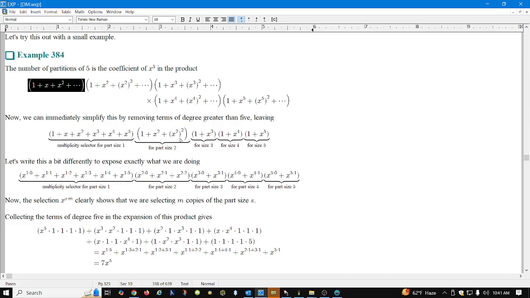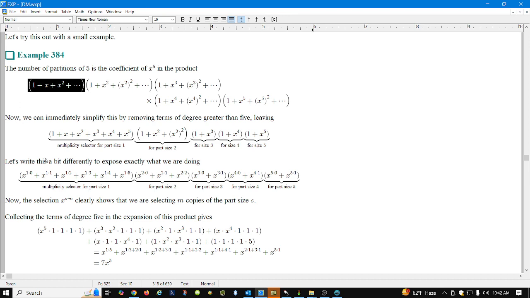This one we can terminate at x squared squared, because x squared cubed is x to the 6th. And the next term here is also x to the 6th, then x to the 8th. So we don't need any more terms. This is all we need in order to extract the terms of degree 5.